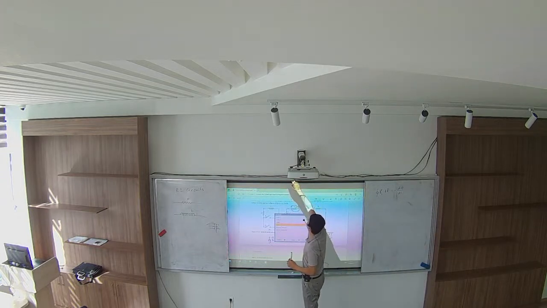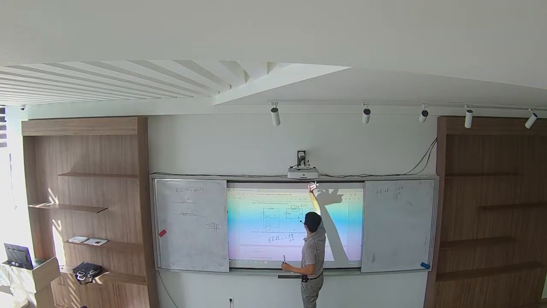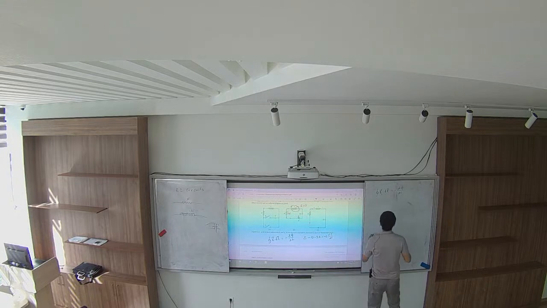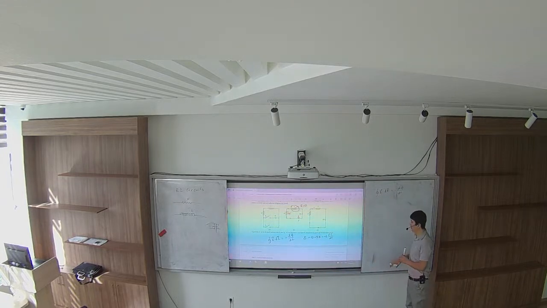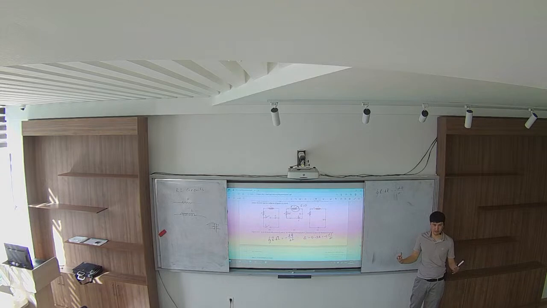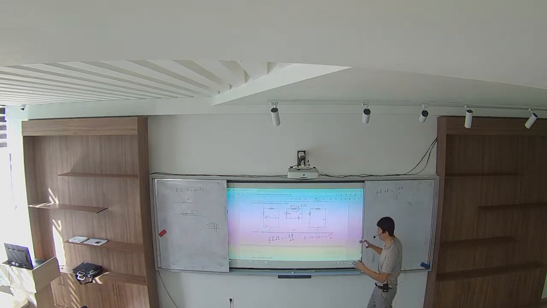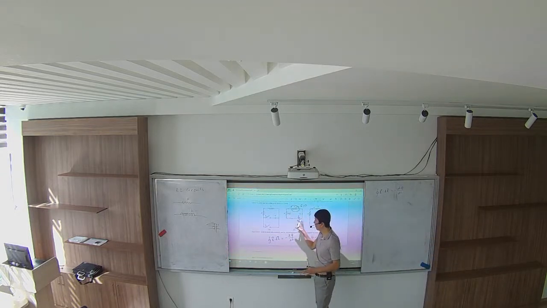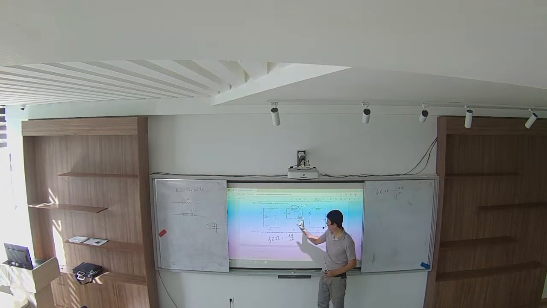The integral of the dot product of E dl equals what? Potential difference. So we are integrating the potential difference of each element. How many elements are here?